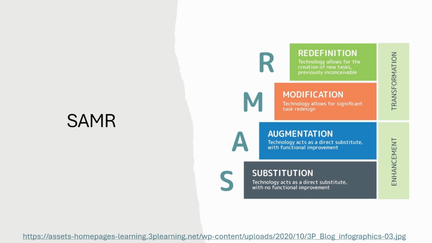Simply by using a digital version of a physical counterpart or by increasing student potential. Modification and redefinition in this model are processes seen as transformative in the way that technology provides opportunities for students to attempt tasks impossible without technology.